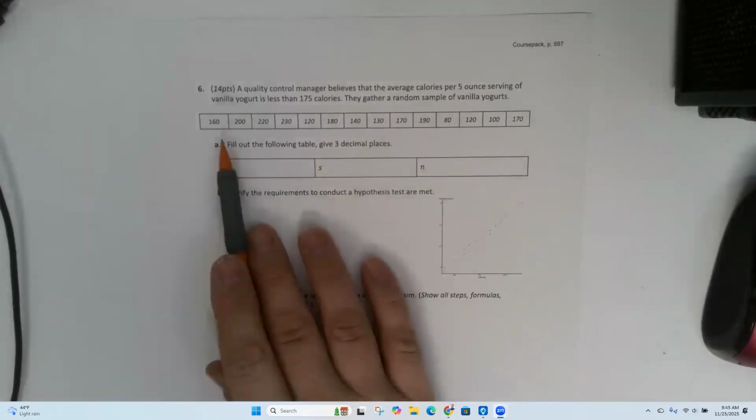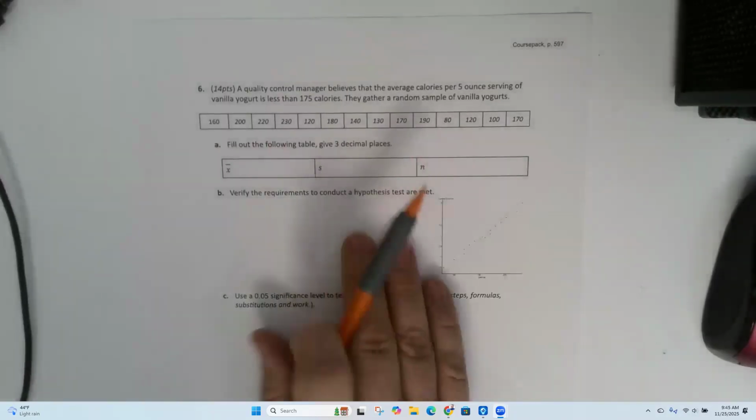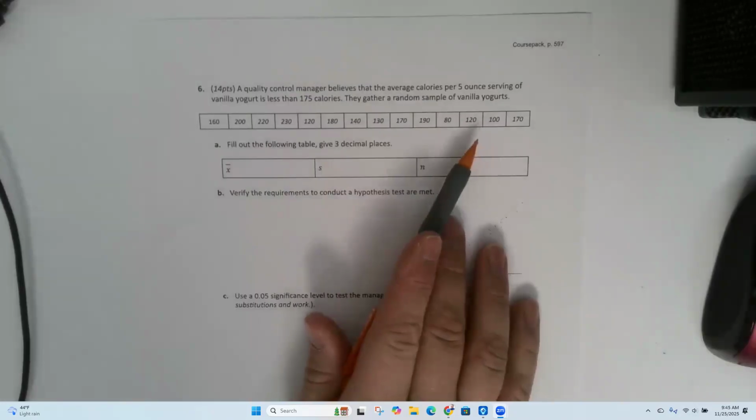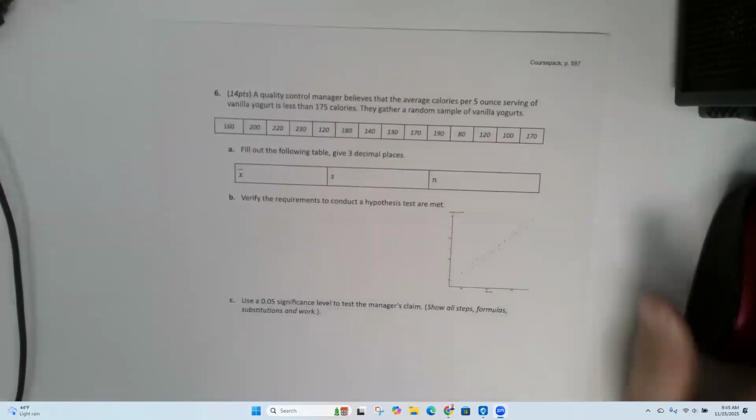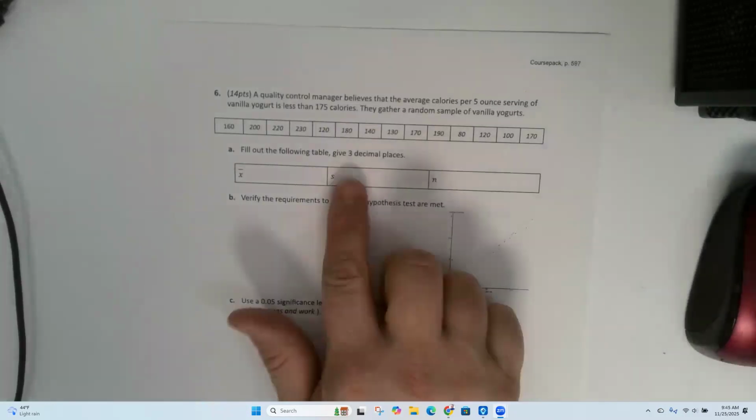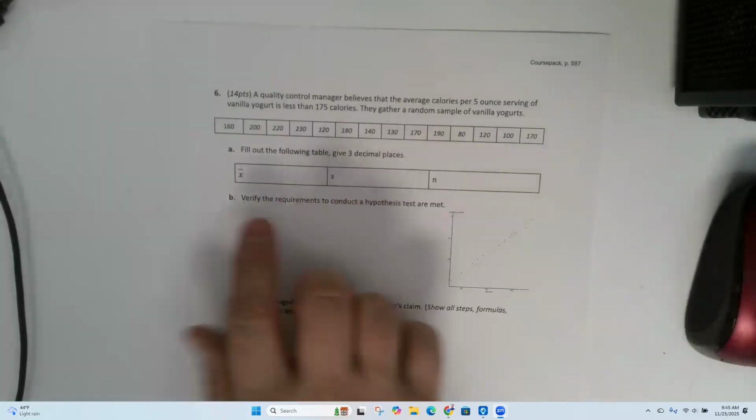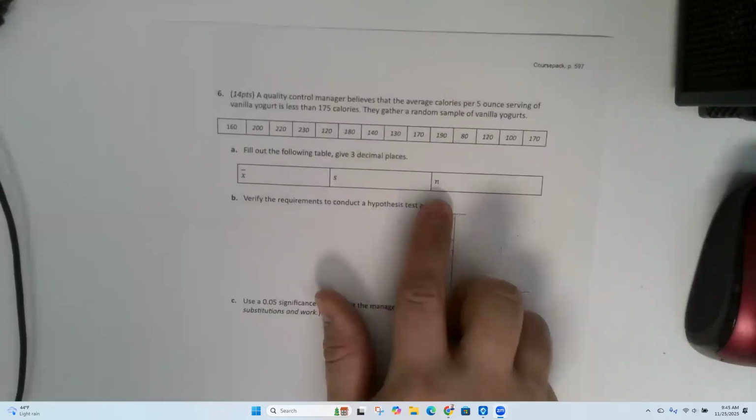This is the number of calories in each serving of the yogurt. Find the following, give 3 decimal places. So we need the mean, the standard deviation, and the number.